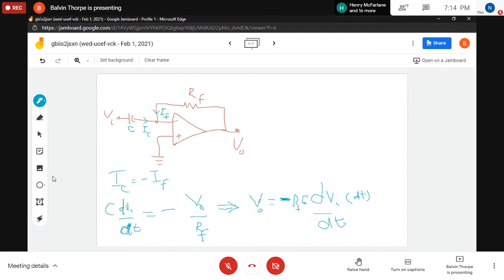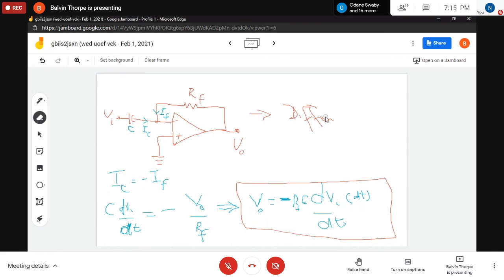So this, ladies and gentlemen, we can clearly say that the output voltage for this network is the rate of change of the input voltage, which is the differential of the input voltage, which makes this network, as you can figure, a differentiator, right? Differentiator. You can spell it out when you're ready.